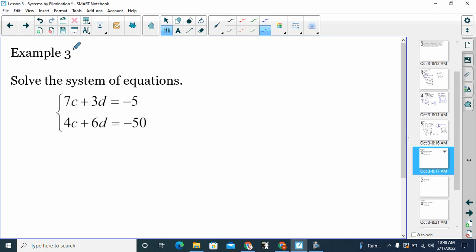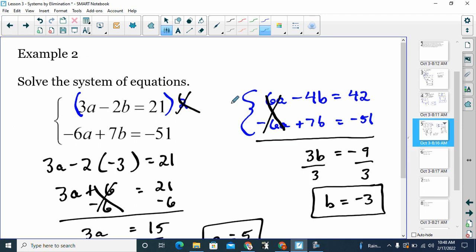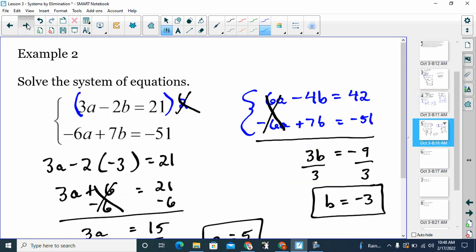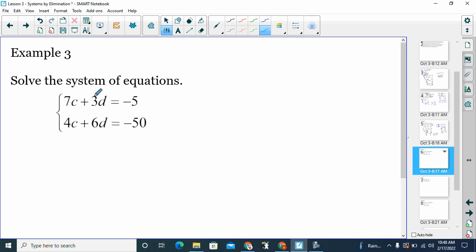So when we add the equations together, remember I always want one to be positive and one to be negative. Here I've got one positive 2, one negative 2. Those will cancel. So instead of multiplying this top equation by 2, let's multiply it by -2.